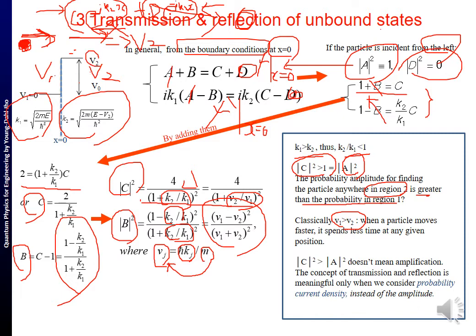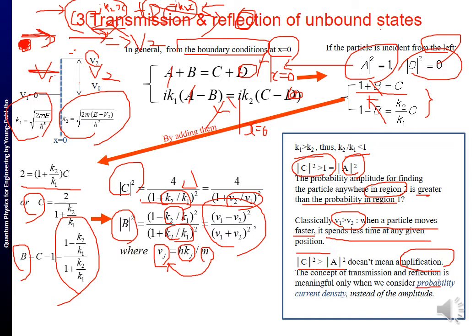When a particle moves faster here in region 1, it spends less time at any given position. So C squared larger than A squared doesn't mean amplification. The concept of transmission and reflection is meaningful only when we consider probability current density.